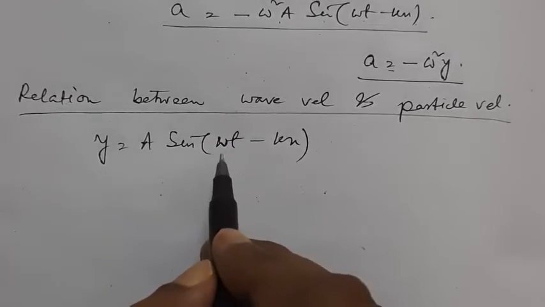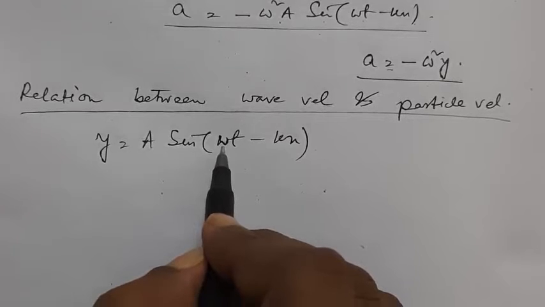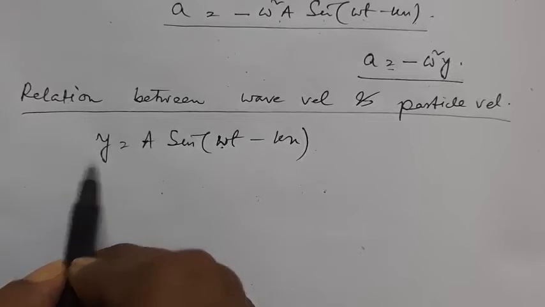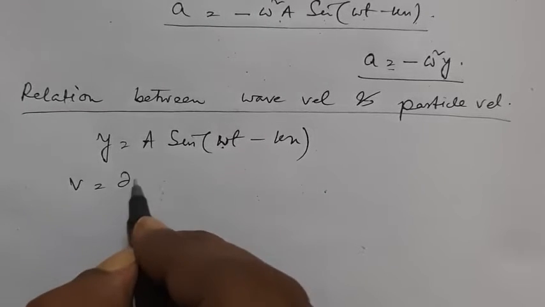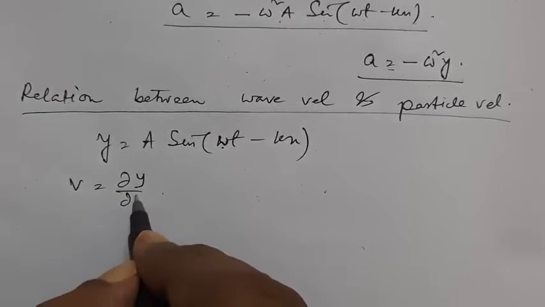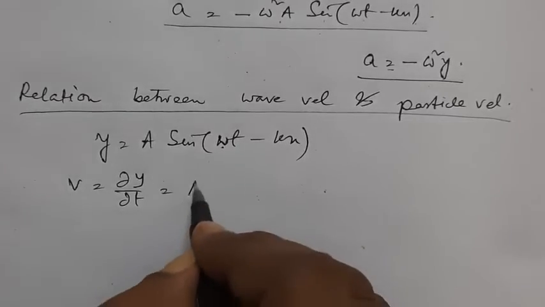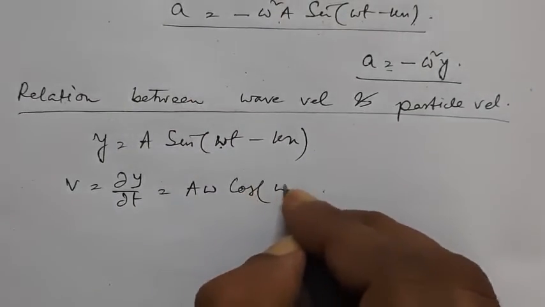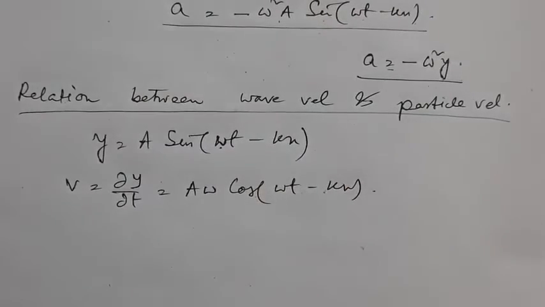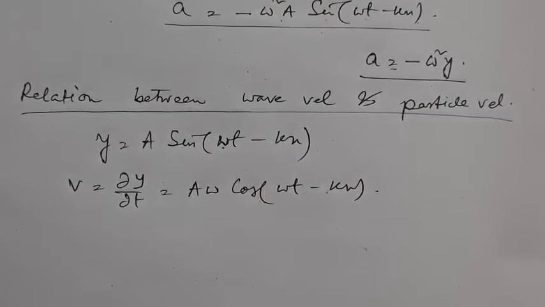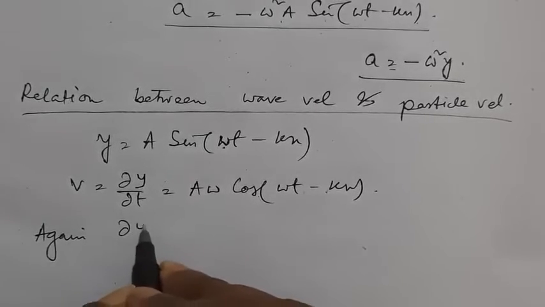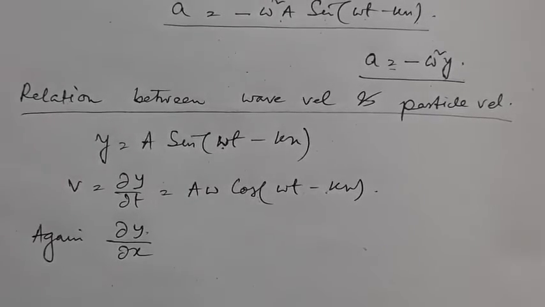This omega is the angular velocity of the wave and y is the displacement of the particle. So again, particle velocity del y by del t, as I've already discussed in the previous section, is a omega cos of omega t minus kx. Again, del y by del x.